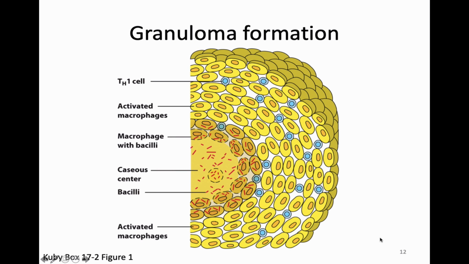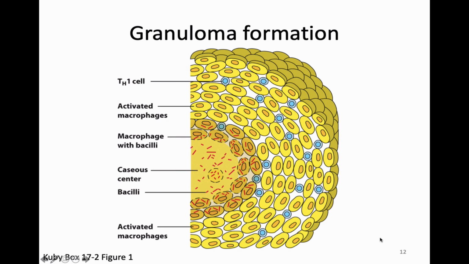And the reason is because your immune system sometimes can control tuberculosis with a Th1 response in this structure known as a granuloma. So you are able to actually have Th1 cells and activated macrophages basically surround bacteria in the lungs in order to kind of wall them off and keep the infection contained.